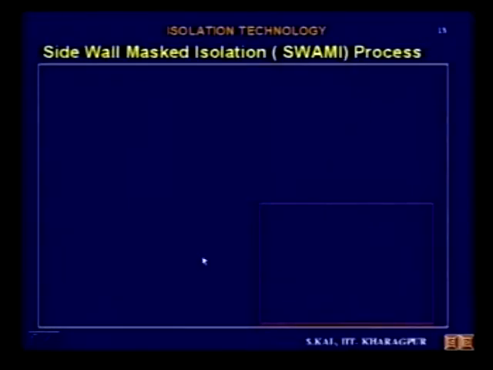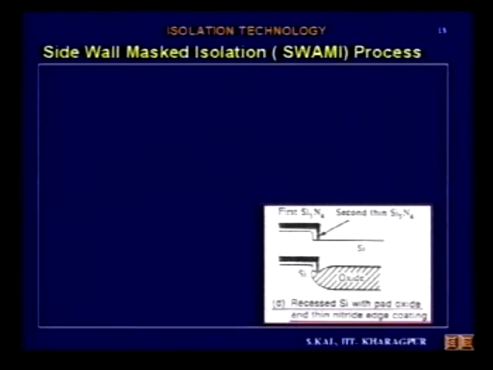In this particular process, you can remove both bird's beak and bird's head. I cannot say complete removal, but almost 80 to 90% you can remove using this SWAMI process. And let us now see the diagram of the SWAMI process. That is how it looks like.